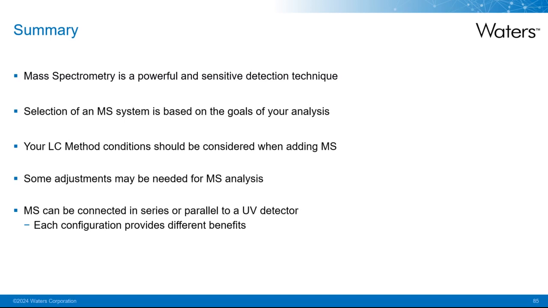When you add MS detection to an existing assay, or when you're building a new assay, the LC method conditions would need to factor in the ionization needs of your MS systems. You may need to adjust existing methods to ensure best sensitivity for all your compounds. And when you add MS detection, you need to consider how you might set up the MS in combination with existing detectors to ensure best sensitivity and also maximum uptime for your system.